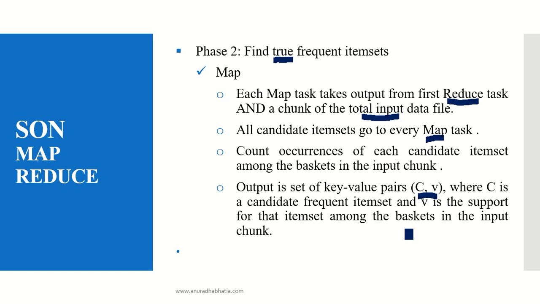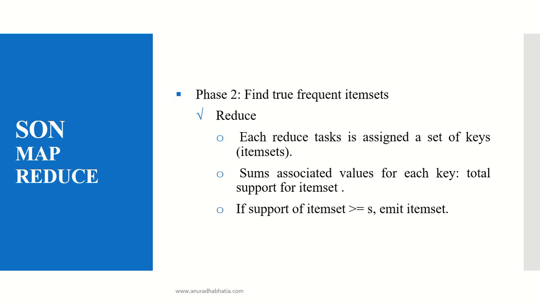So if you consider CV, we had the value that A is equal to 5. So the C value is A for this particular candidate item and V is the number of times it is appearing.